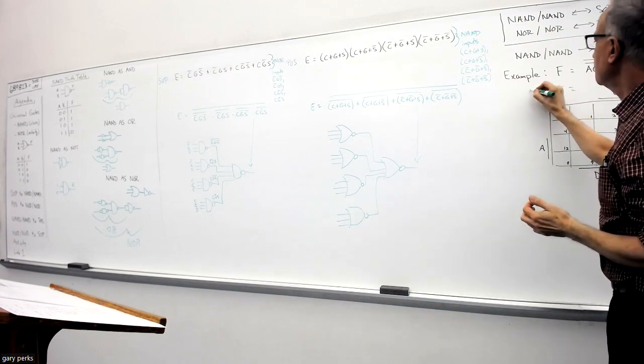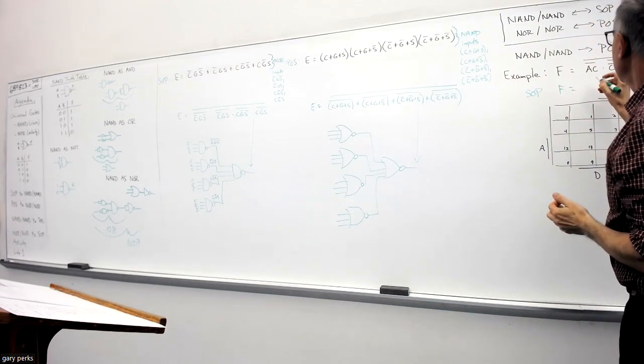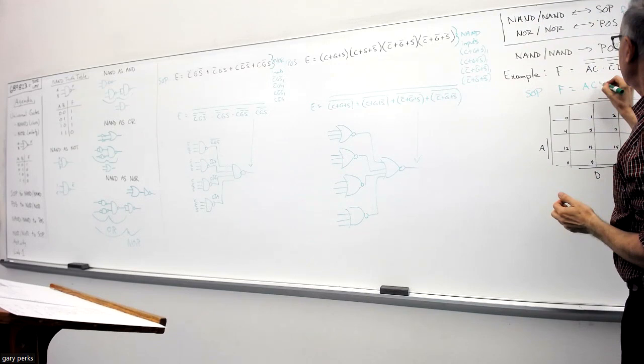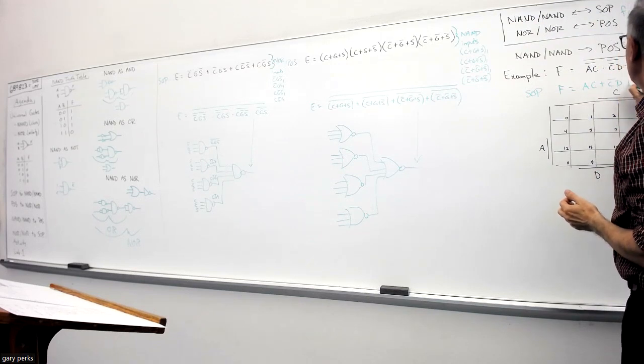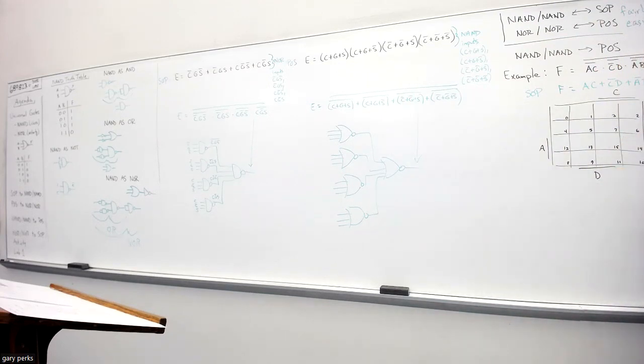So this will be SOP for F. It's going to be AC ORed with not CD ORed with not AB, not C. Does everybody see how I went from this to here? Again, I'm just taking each term, you take away the knots, and then you just OR them together to get the SOP.